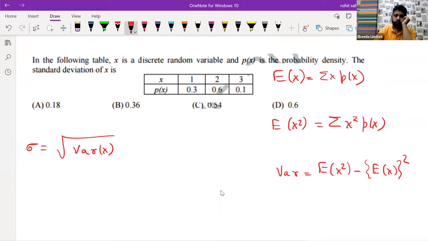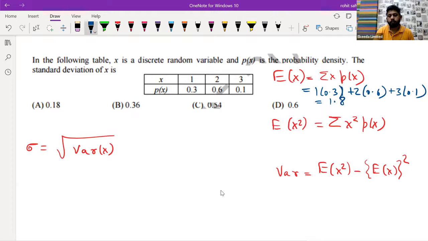I'll do it with you now. Let me do it a bit. 1 times of 0.3 plus 2 times of 0.6 plus 3 times of 0.1. So 0.3, 1.2, 1.5, and then 0.3. So this is 1.8. D is correct. Thank you. That's correct. For X square, 1 square times 0.3, 2 square directly 4 times of 0.6, and 9 times of 0.1.